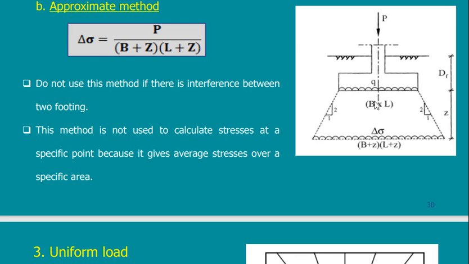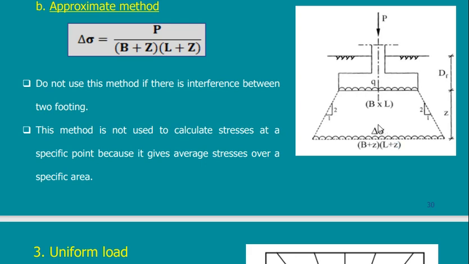Instead of having B by L, it will be B plus Z and L plus Z, because the area below here increased compared to the area above here. So the stress here is what? It is P divided by B plus Z multiplied by L plus Z.